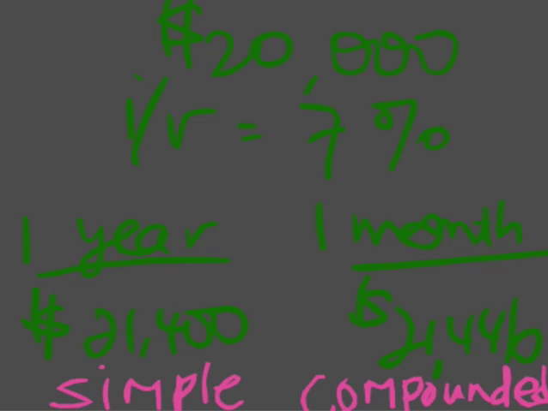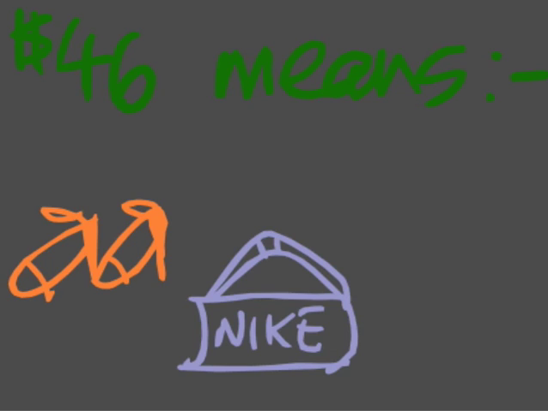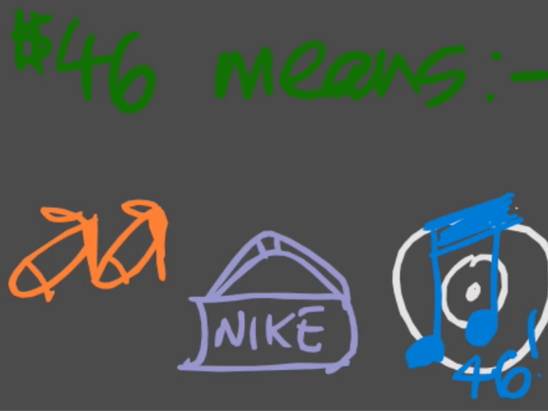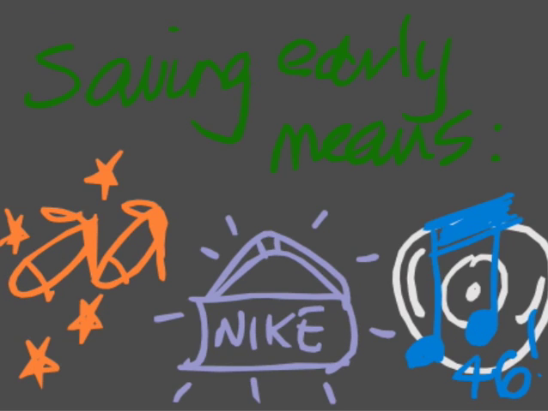On the right, if it's within the year, it's simple, and if it's less than a year, most people call it compounded interest, where interest compounds on each other. So what does $46 mean? Well, it means a pair of shoes, a Nike bag, or 46 new iTunes songs. So saving early really means these 3 wonderful things that you could get yourself.